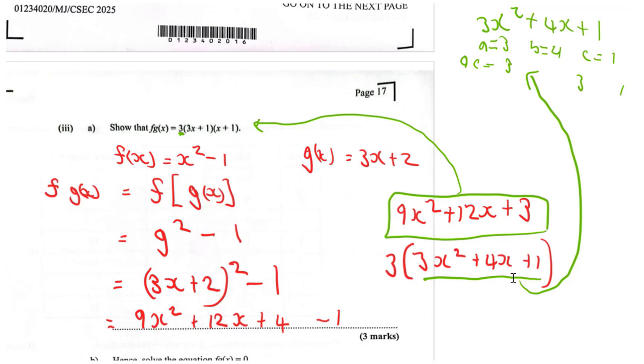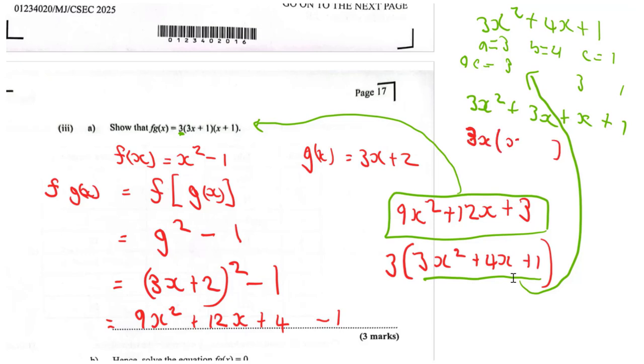I can factorize this by grouping, by replacing the 4x with 3x plus 1x. So this is going to be 3x squared plus 3x plus x plus 1. Now I can factorize by grouping. So this is going to be 3x open close bracket.